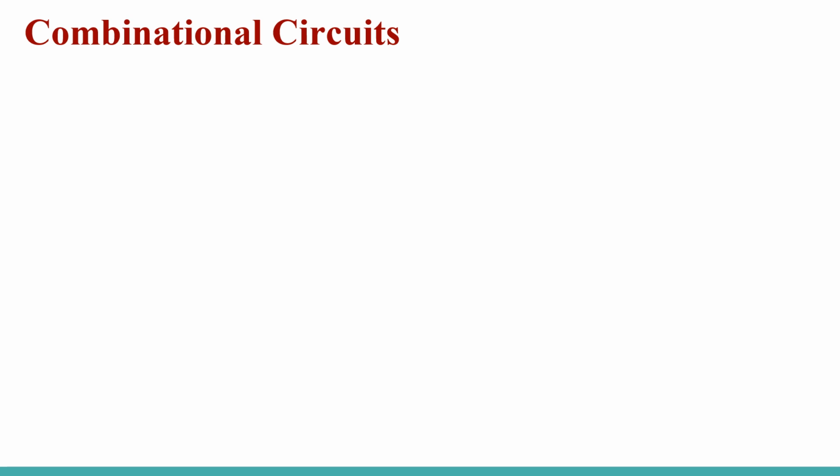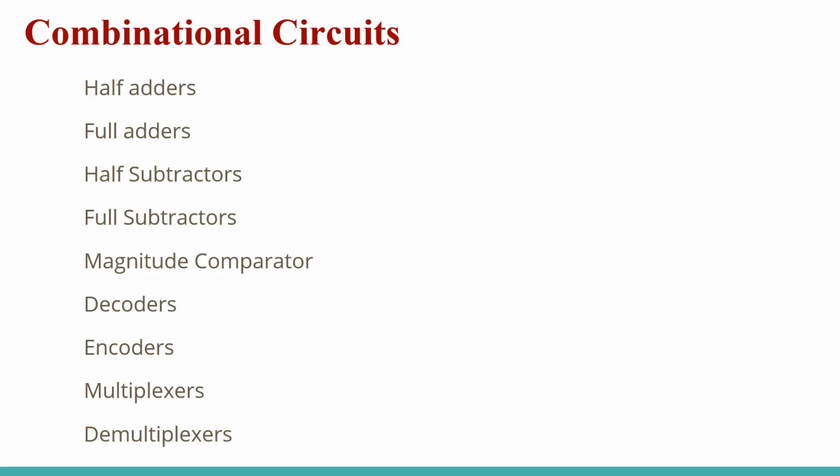Hello everyone. In this video, I am going to cover one of the combinational circuit examples, that is encoders. Other than encoders, we know the other combinational circuits are half adders, full adders, half subtractors, full subtractors, magnitude comparators, decoders, encoders, multiplexers, and demultiplexers.